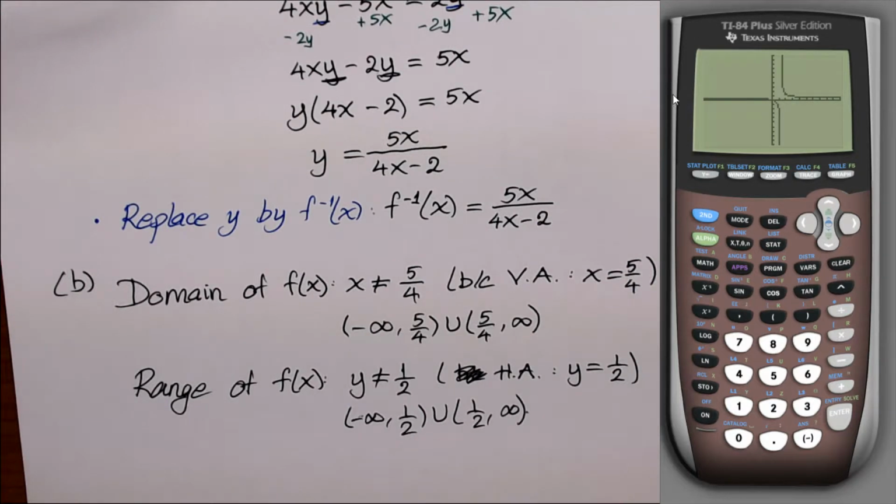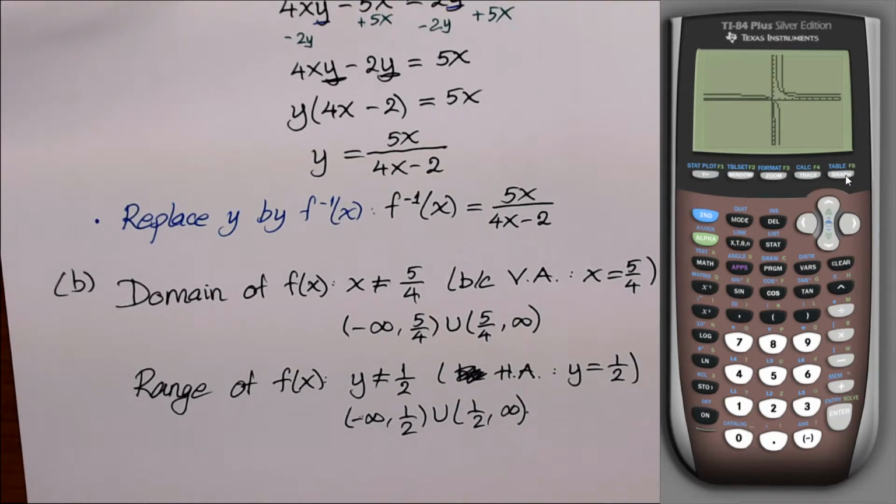Now we'll graph the inverse. The inverse is 5x divided by 4x minus 2, and we'll see the graph.